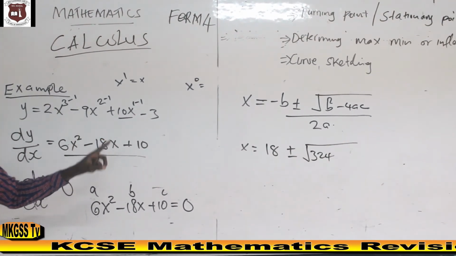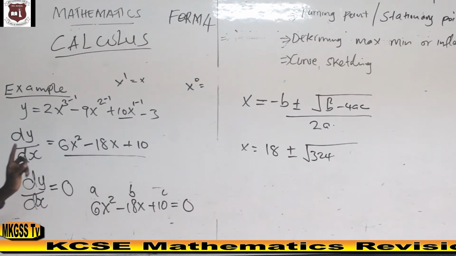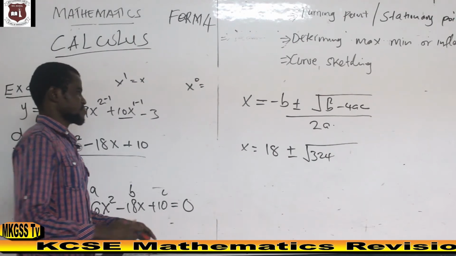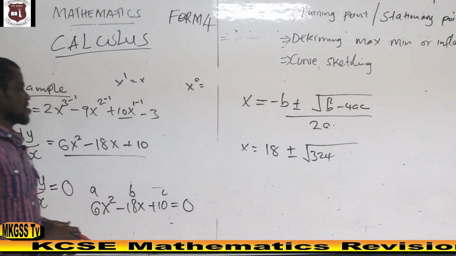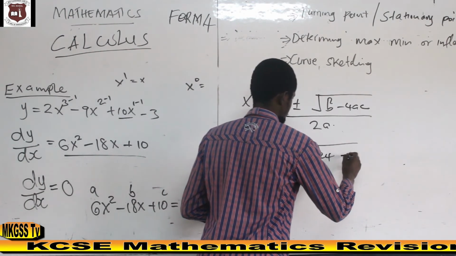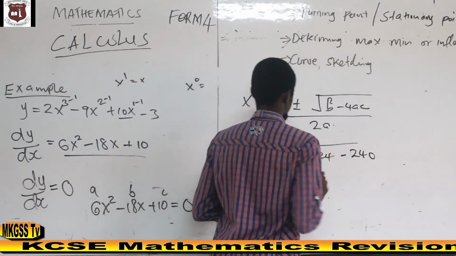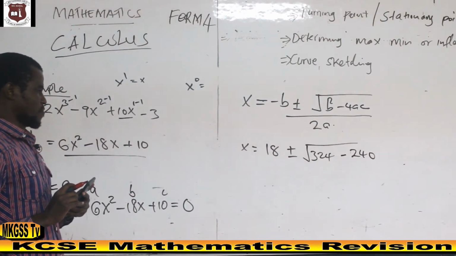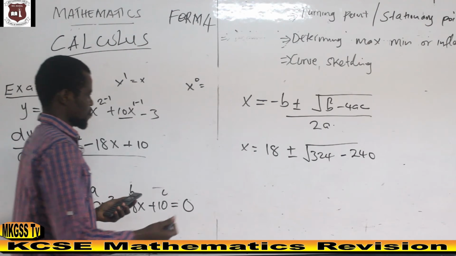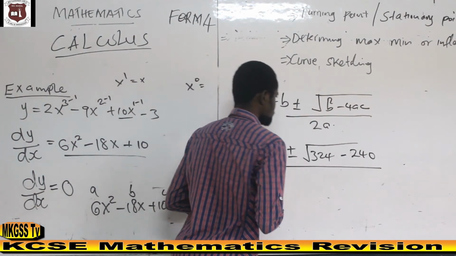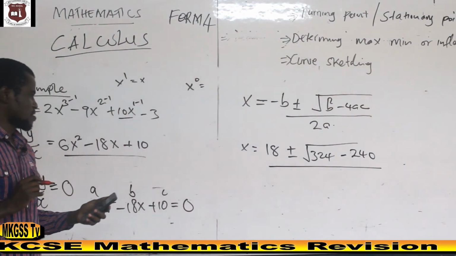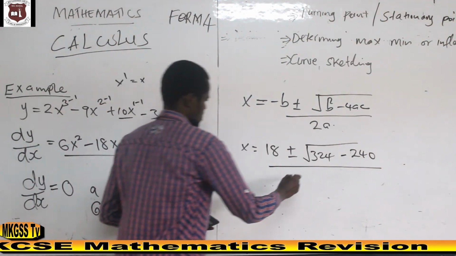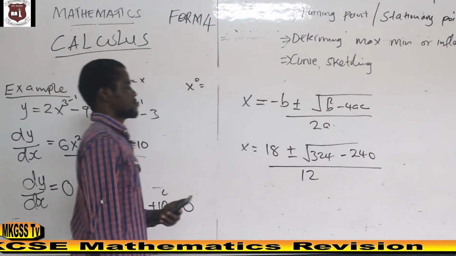So negative 4 times 6 is negative 24, times c, which is 10, that is negative 240. Therefore, we proceed. 2a is 6 times 2, which is 12.